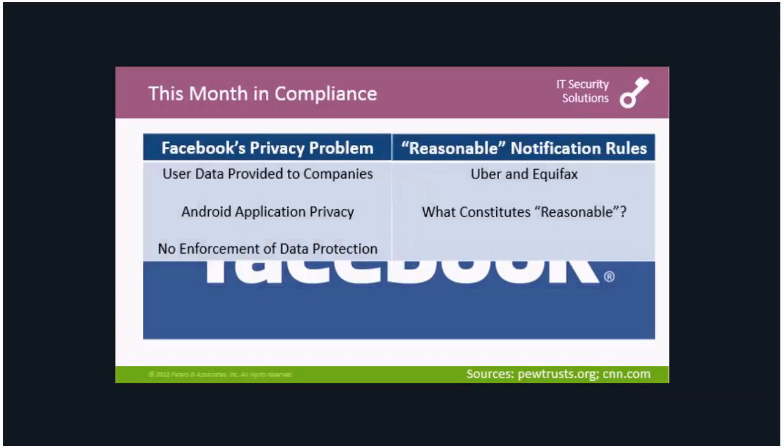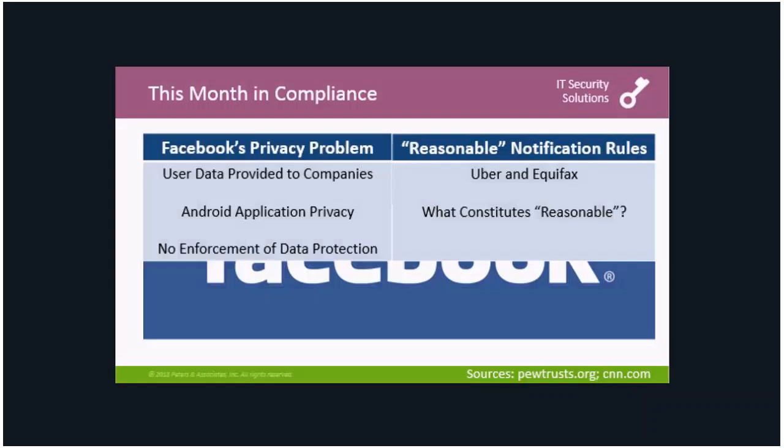One other thing that's come up recently in light of the breach of Uber and the breach of Equifax is these reasonable notification rules. So again, this one might lean a little bit more towards consumer-facing organizations, but they're important in Illinois, at least, if you're familiar with PIPA, which just went into effect on January 1st of last year.